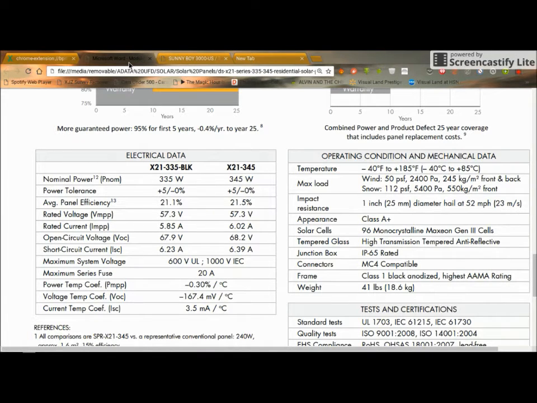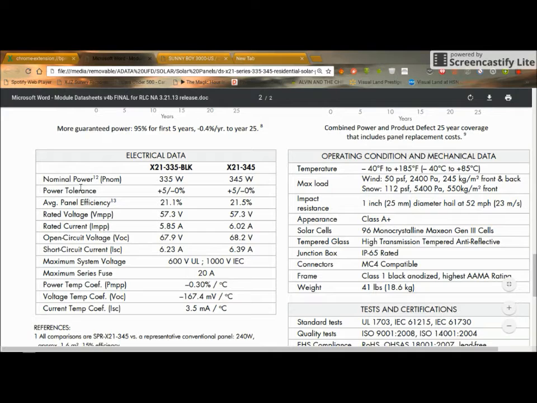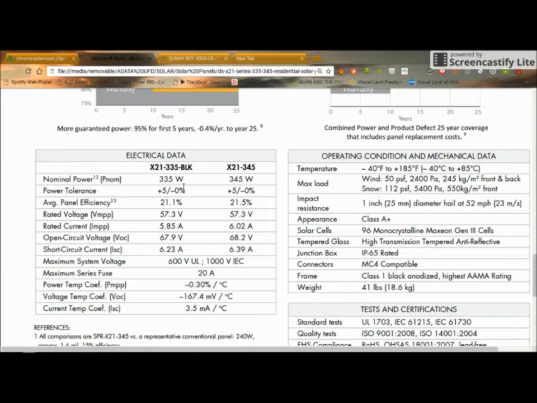So as I said earlier, we're using the SunPower as an example. So we'll use the X21 335 Black. Now, if you notice, the nominal power here is 335 watts. What it means is that by name, when the sun is at its peak, it should be giving you a nominal power of 335 watts.